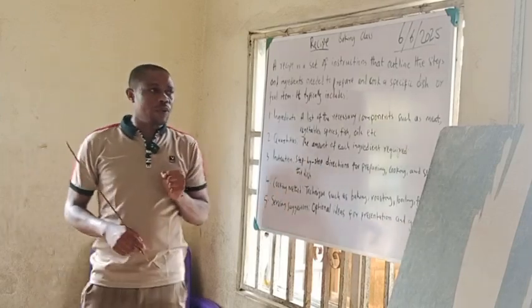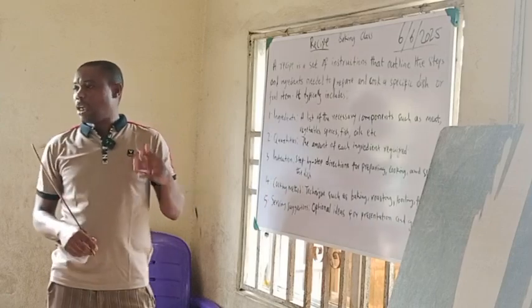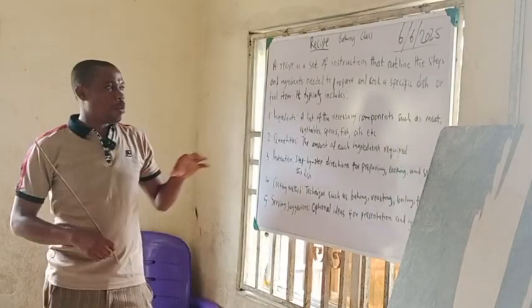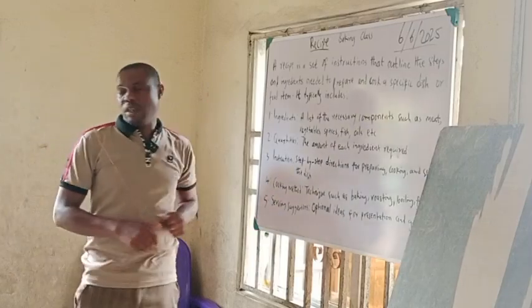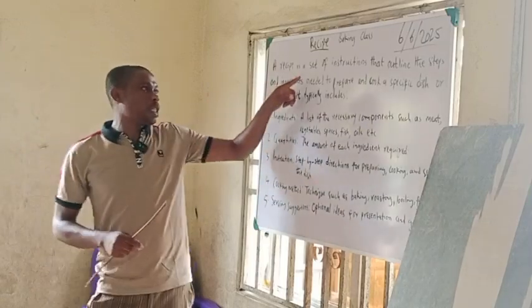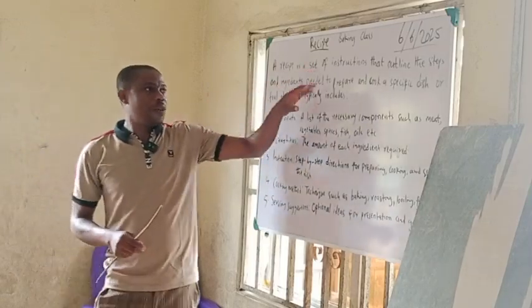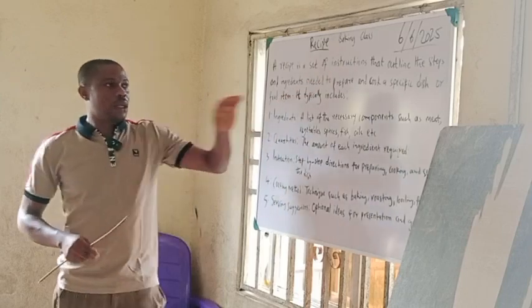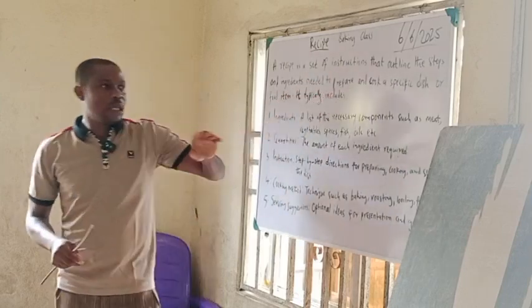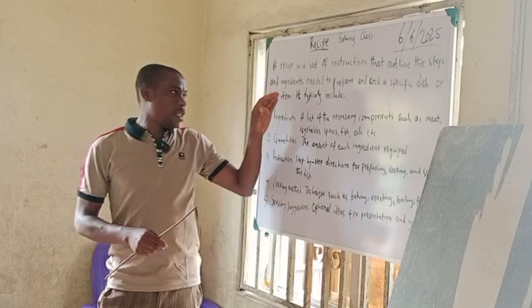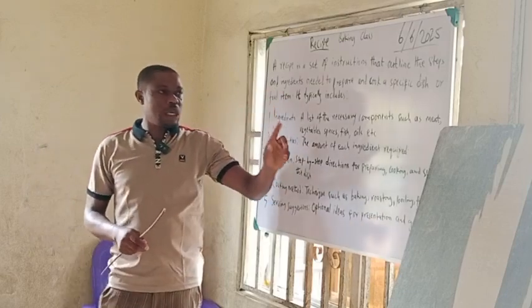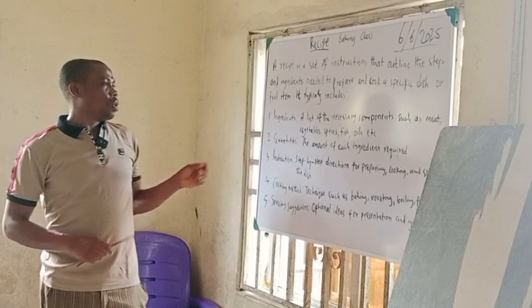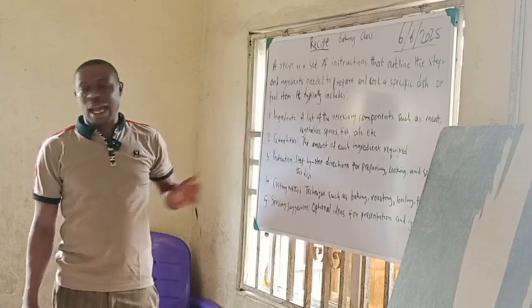Now let me read it out for you. The definition, we'll take it twice. Then I will explain word by word the key words in this definition. Recipe is a set of instructions that outline the steps and ingredients needed to prepare and cook a specific dish or food item.